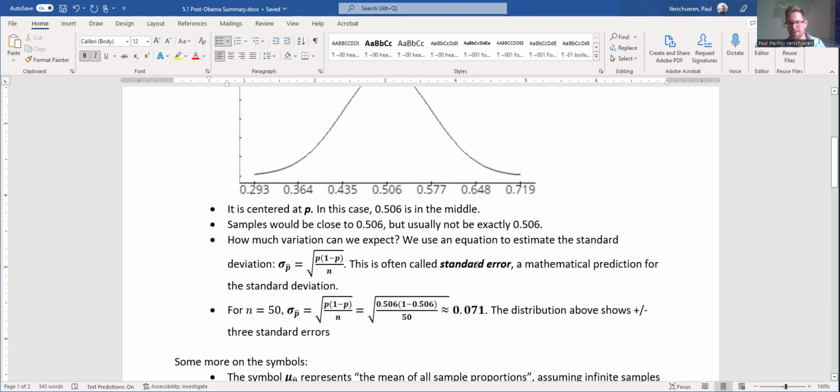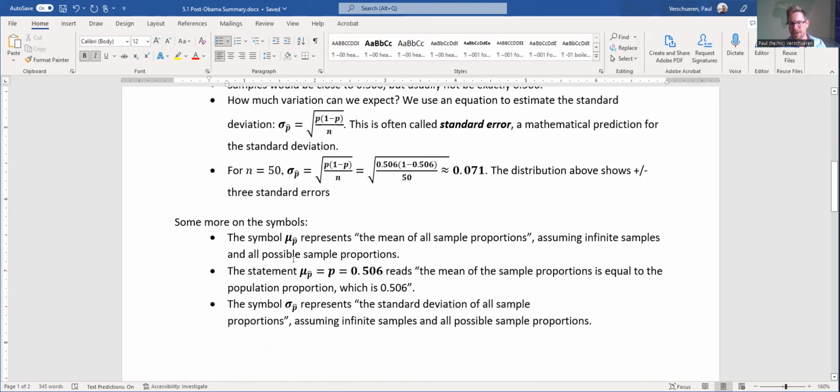So the distribution above is just centered at 0.506 and then adding 0.071 plus 0.071 plus 0.071, minus 0.071 minus 0.071 minus 0.071. A couple things on the symbols that come up. The symbol mean sub p hat, you could read that as the mean of all sample proportions.